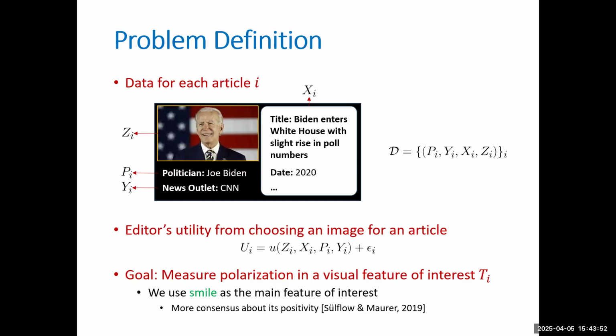Partly because, compared to other features, we have more consensus that it's a positive feature. But the point I want to make here is that it's easy to think about other features. We focus on a smile from here onwards in this talk, but you could think of any other kind of feature.